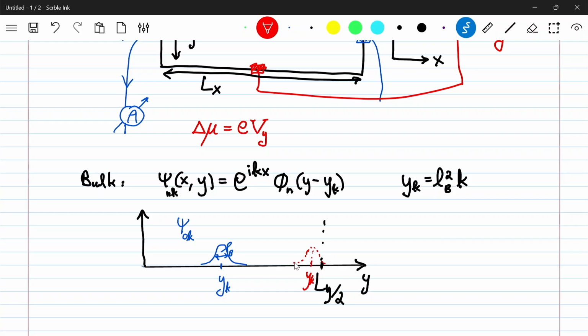So what actually happens is that the wave function is squeezed a little bit, okay? It's squeezed a little bit to allow this boundary condition. Now, when you squeeze a wave function and confine it to a smaller space, what happens to its kinetic energy? It raises up.